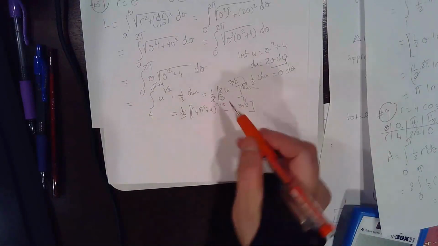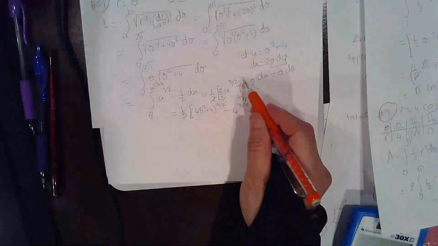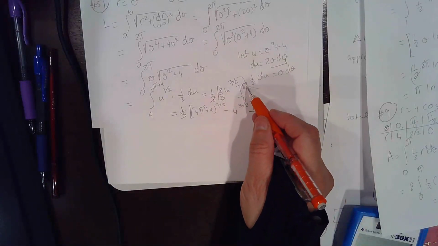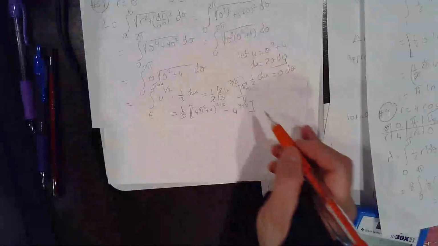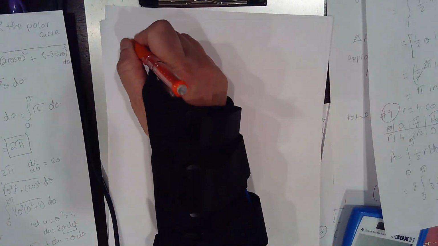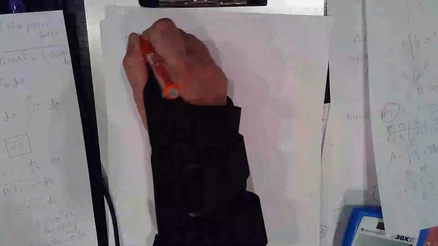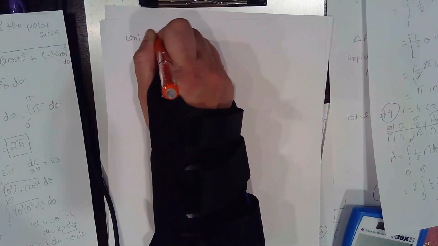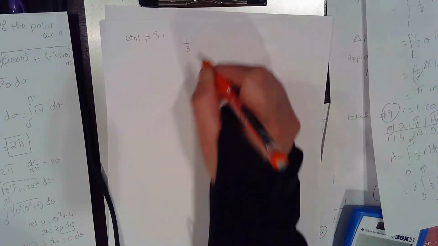There's an option also to factor out the 4 from here. So it would be 4, and we had 4 here. So let's try to do this on another page. You could continue from number 51. What does that give us? We have 1/3 u to the 3/2.